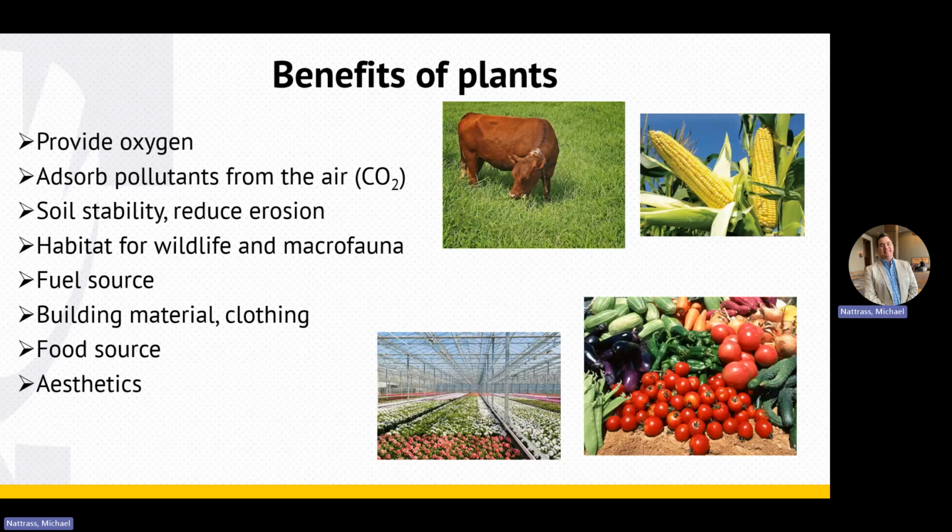They give us soil stability, provide habitat for wildlife, and they're our building materials, our food sources, and also some aesthetics. It's nice to have a pretty yard. There's a statistic that a 250 square foot yard provides enough oxygen for a family of four. So there are plenty of benefits to having plants, because again, without plants, we would not exist.